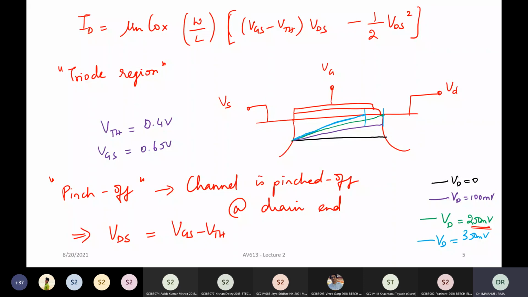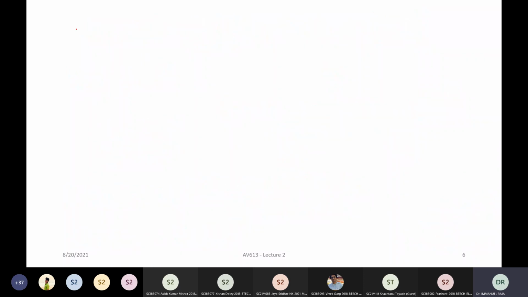That is, the VDS is such that it is exactly equal to the overdrive voltage, where the channel is just formed, right? In other words, you can also say that VGS minus VDS becomes equal to the threshold voltage, so that just the threshold voltage alone has been achieved at the drain end.